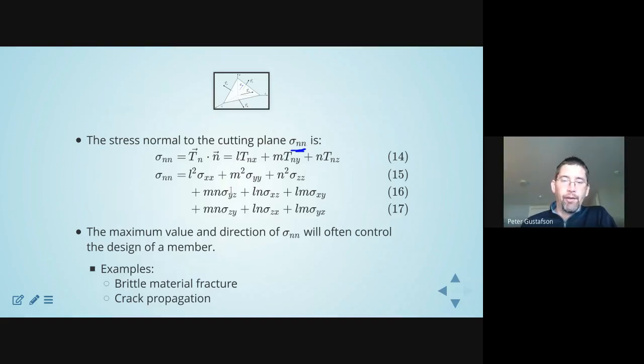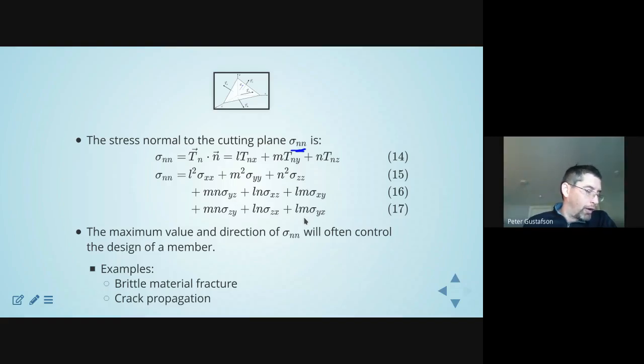In either case, it's very infrequent that you would use it in this form. This was derived this way so you could see that the normal component has contributions from each of the 9 components, but no need to memorize that equation.